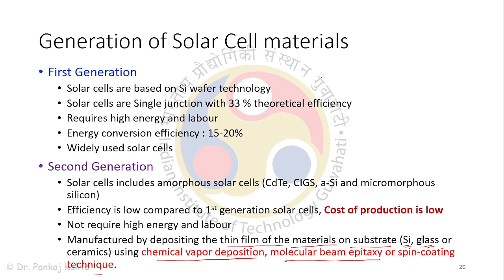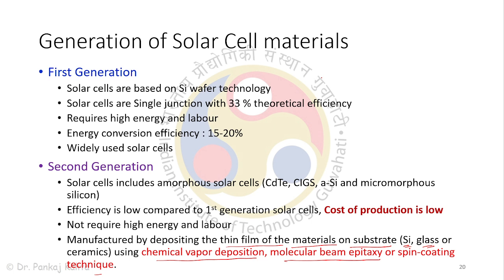The second generation developed where we started to use amorphous cells, like cadmium telluride, amorphous silicon and micromorphous silicon. Its efficiency was low compared to the first generation, but the advantage was that the cost of production was very low.